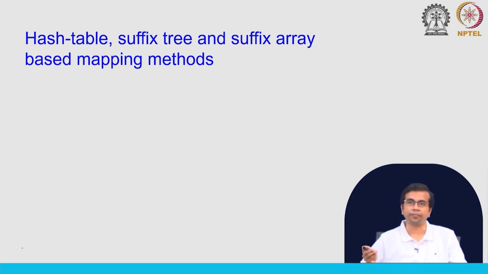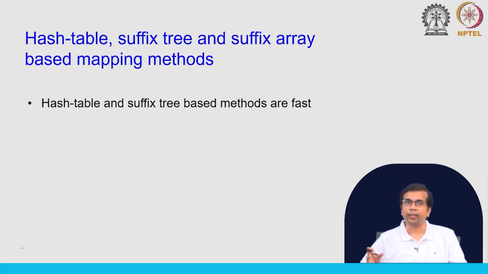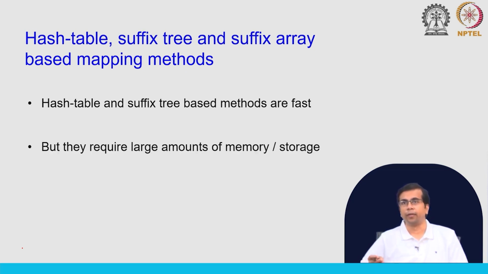To summarize, hash table and suffix tree based methods are really fast. We can map very quickly, and if you compare with BLAST or BLAT or even brute force, these are incredibly fast. But the problem is they require a large amount of memory or storage.